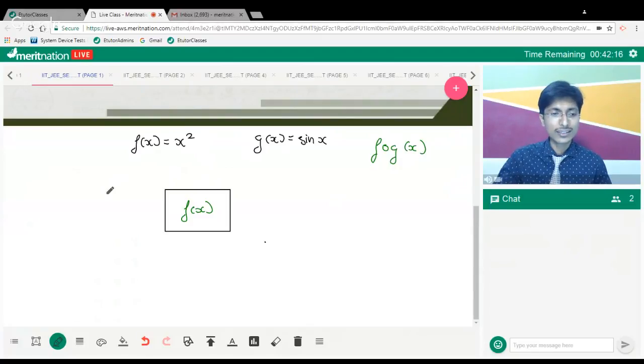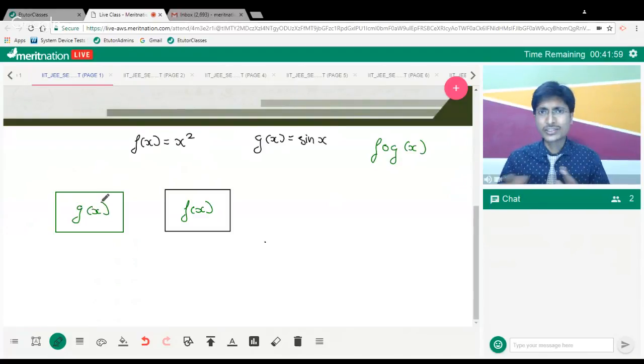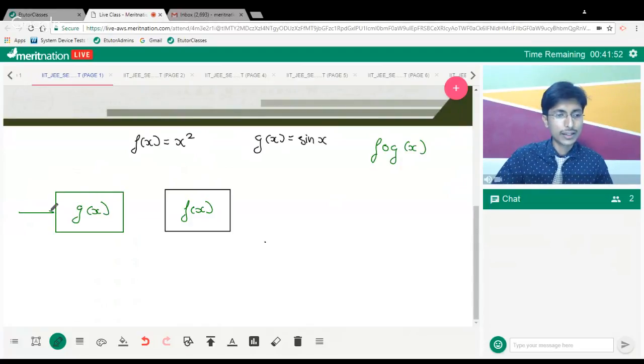So before that, I need to make the function g(x) as well. In g(x), x is going as the input, and g(x) is sine x, so sine x is coming as the output.